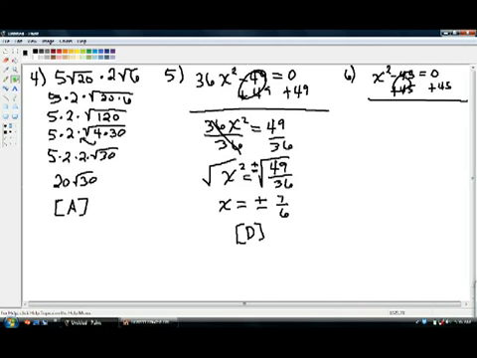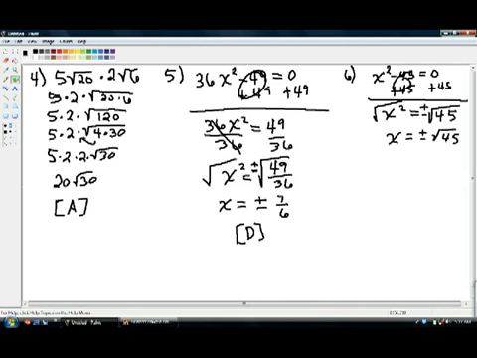This goes to 0. Now I got to get rid of the squared by taking the square root of both sides. Remember, it's going to be a plus or minus answer now that I've taken the square root. X times x is x squared, so that goes to x. Plus or minus square root of 45.